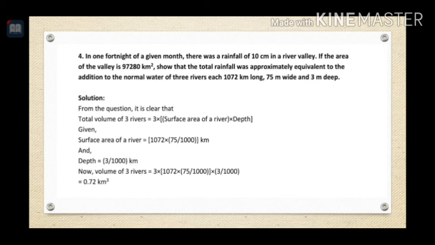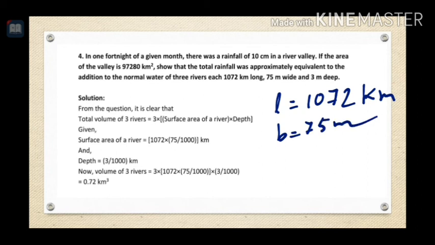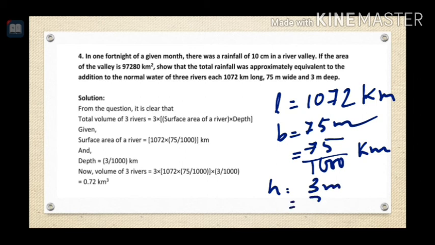So you can write length is equal to this much kilometer, breadth is equal to 75 meter, convert it in kilometer, that is 75 by 1000 kilometer, and height is equal to 3 meter, which implies 3 by 1000 kilometer.